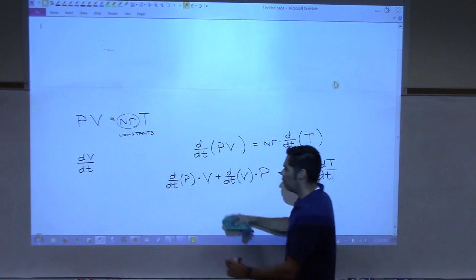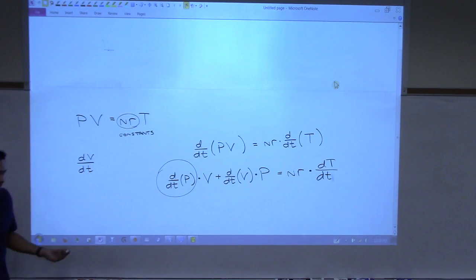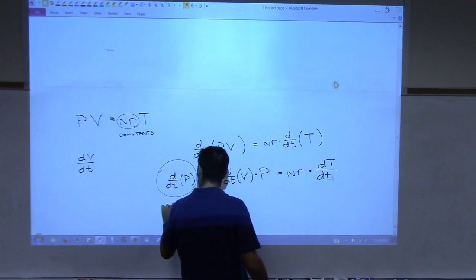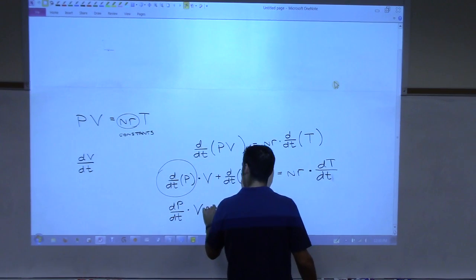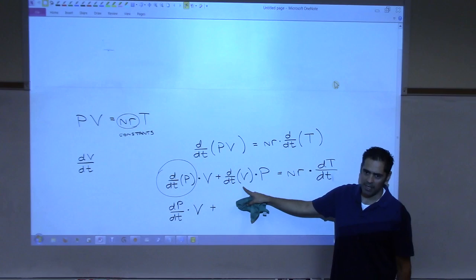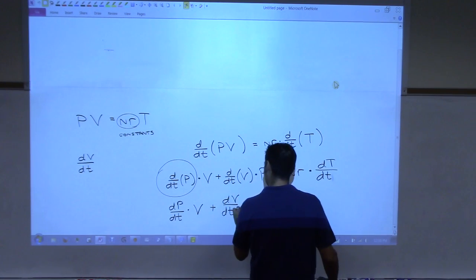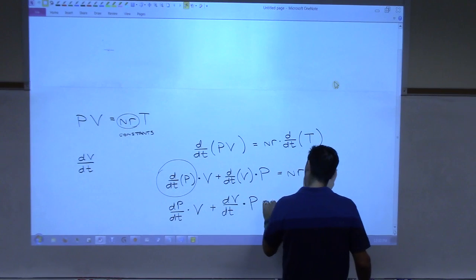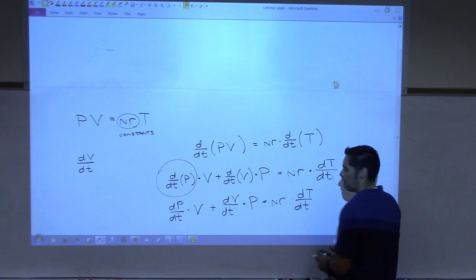Now over here, what is this one? dP/dt. None of these are going to turn into ones, right? Times V. This one is dV/dt. And nR dT/dt.